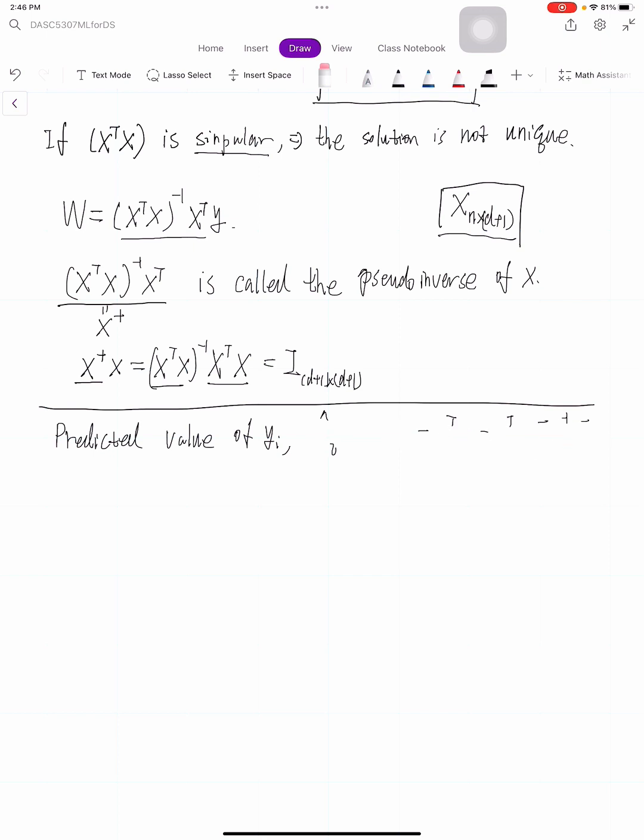Maybe let's not use the individual observation. Let's write down the whole design matrix.